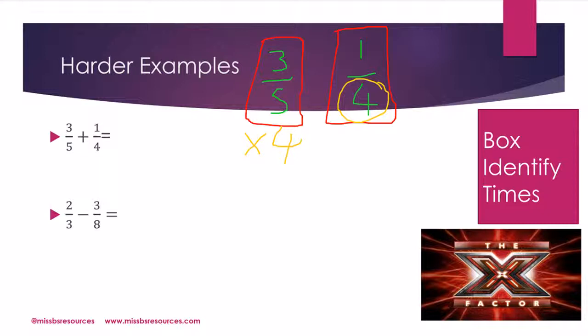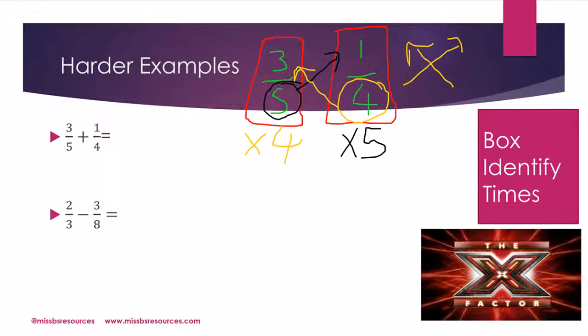Okay, you cross multiply, you're multiplying by the opposite bottom number. And the way this works is you're going to multiply this fraction by 5, and you're going to multiply the whole of the first fraction by the 4, the bottom number. And can you see how that kind of makes your X where the arrows cross over? That's your X factor version of it.